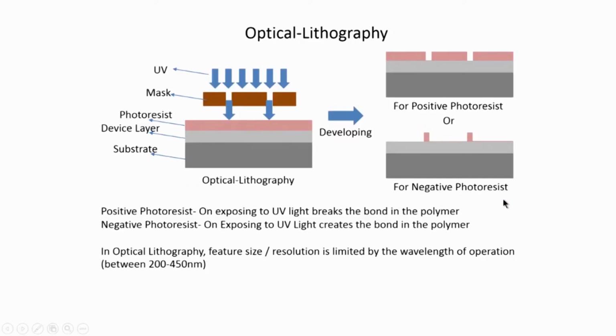So, some more details about the lithographic process. Optical lithography basically consists of using ultraviolet light to expose a photoresist which is coated onto a substrate. So, you start with a substrate, then you have a device layer, for example an oxide, into which you would like to create the patterns, and then use a photoresist and expose the photoresist through the mask.